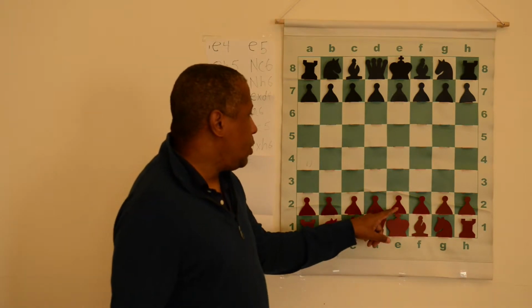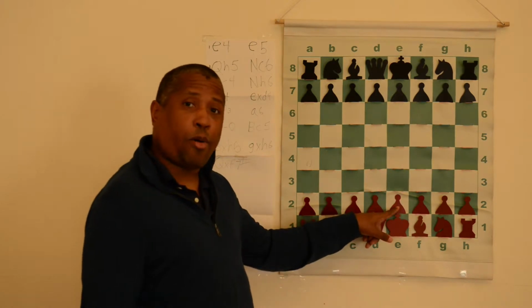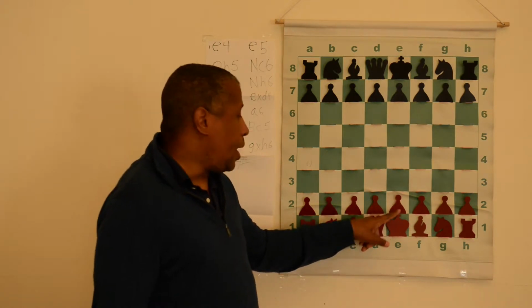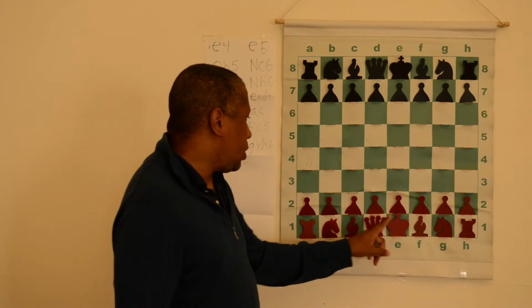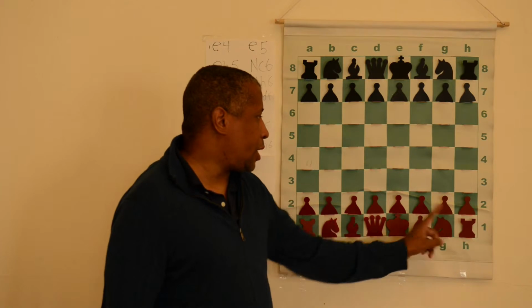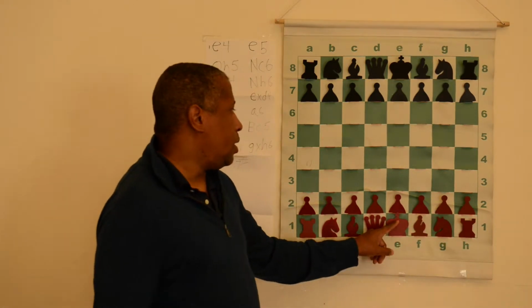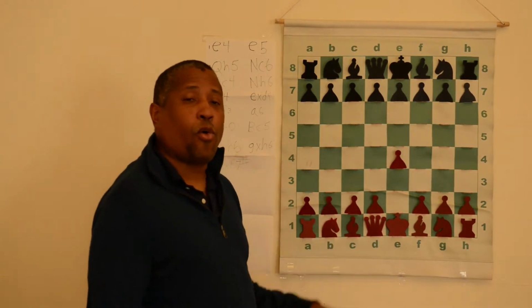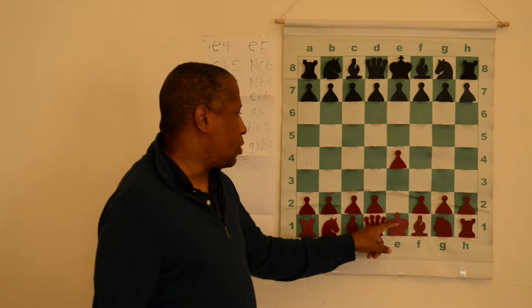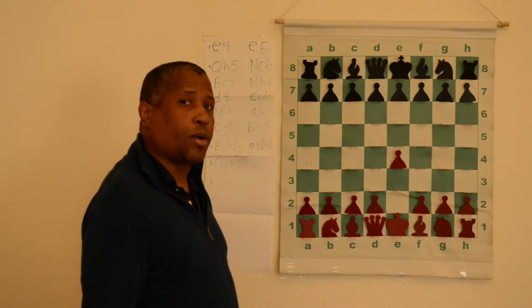Instead of saying E4, we would say P for pawn. And instead of using these letters, we would use the file that the king is on, and the king side. So this would be pawn to king 4. So it goes 1, 2, 3, 4. So it's pawn to king 4.